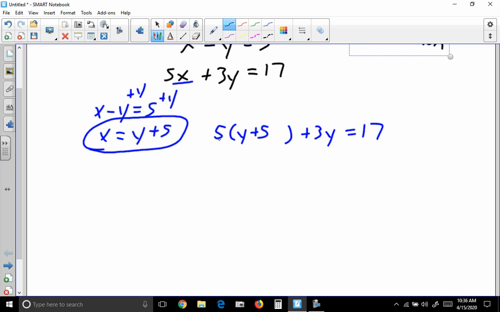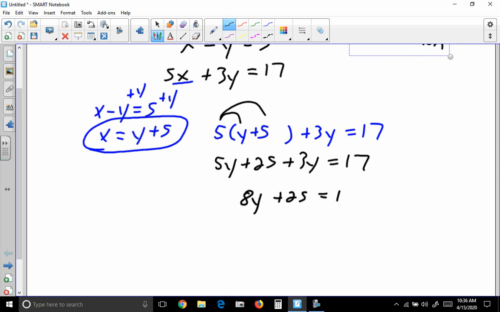So we can get rid of the parentheses by distributing: 5 times y, 5 times 5, bring down the 3y. If we combine like terms, we have 5y and 3 more y's, so that makes 8y, and we have plus 25.